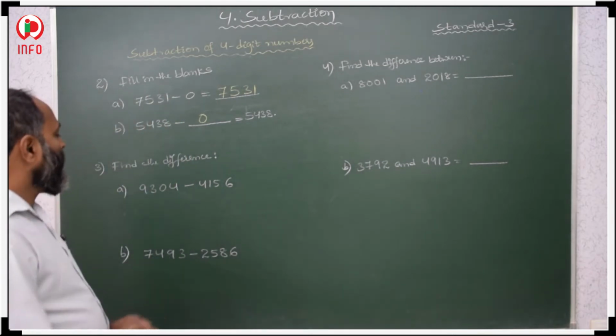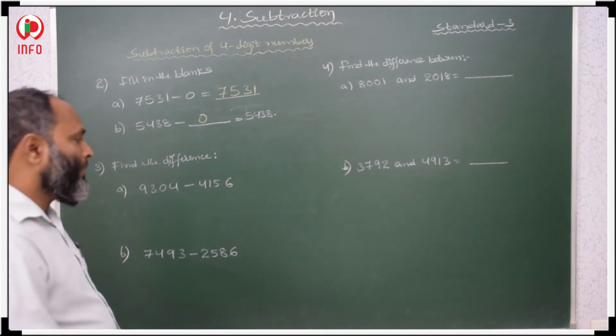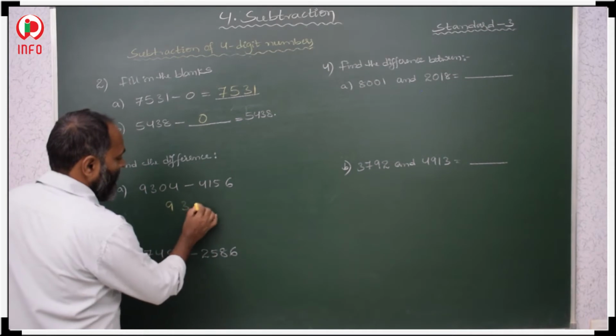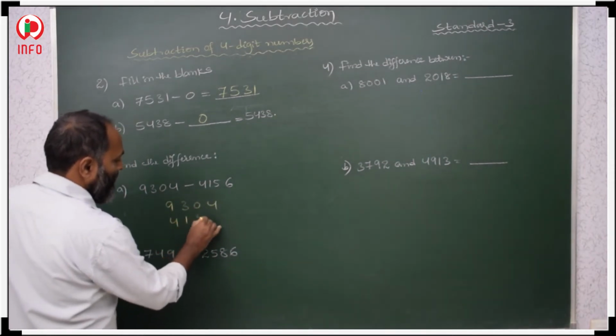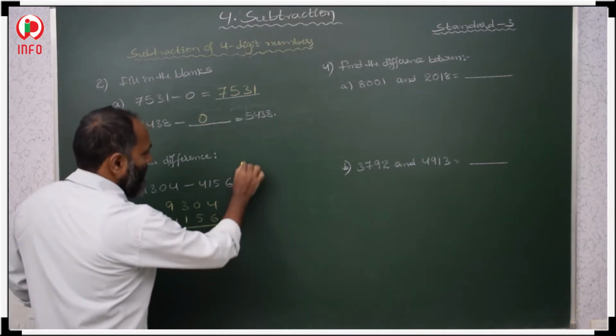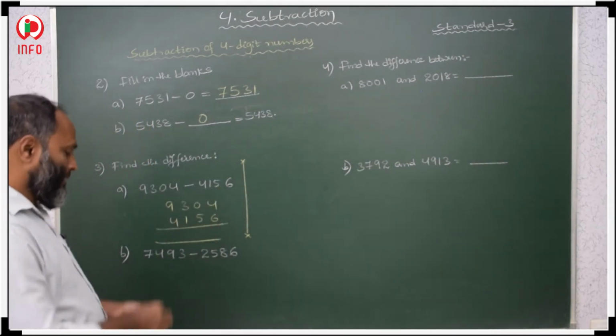Now find the difference. Here we have to find the difference of the given numbers. Here first the bigger number, 9304, next 4156. Then this is a rough column. Then how to make minus?